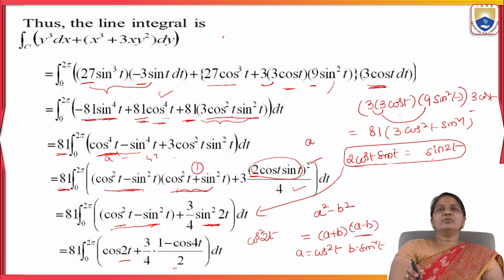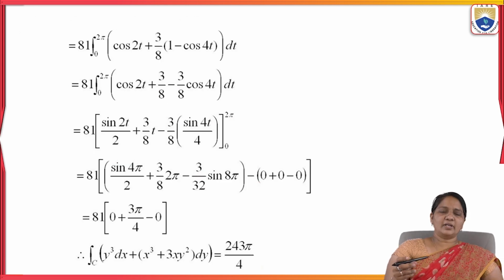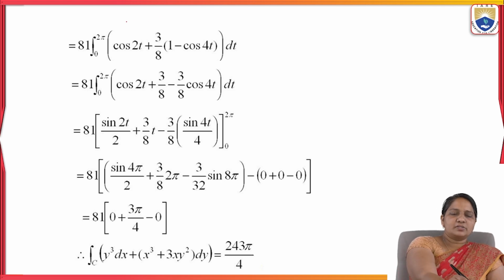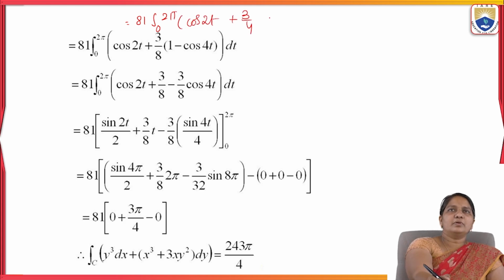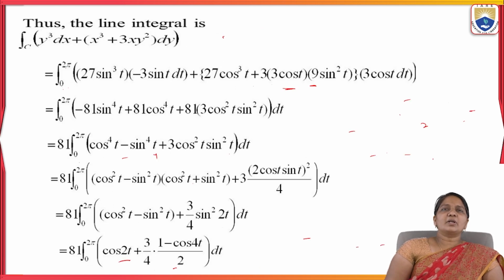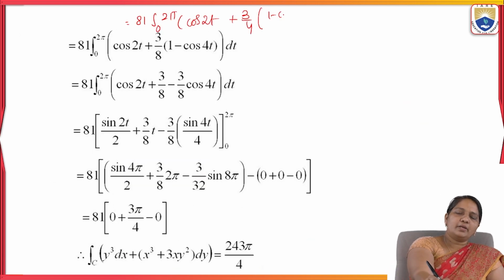Now we are going to simplify this one to do the integration. Now this cos 2t plus 3 by 4, here I am writing 81 integral 0 to 2 pi of cos 2t plus 3 by 4 into 1 minus cos 4t by 2 into dt.